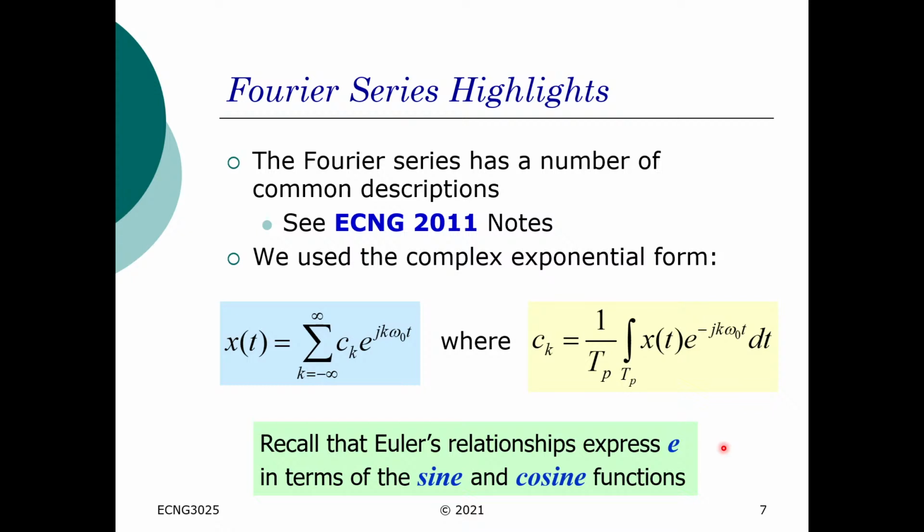So I believe in this case, because it's e to the minus j k omega naught t, that Euler component here extracts out such that it's going to be cosine of theta minus j sine of theta, where this theta here will be equal to, if I am saying this correctly, k omega naught t.